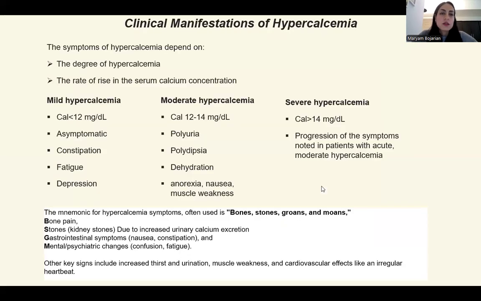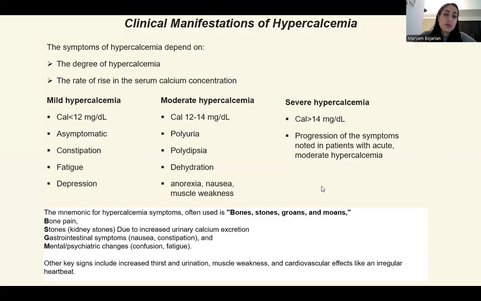Okay, about the clinical manifestations of hypercalcemia, as with hypocalcemia, it is really important to understand whether your patient developed it acutely or not. The rate of rise in the serum calcium concentration is also important. We have three categories: mild, moderate, and severe hypercalcemia.